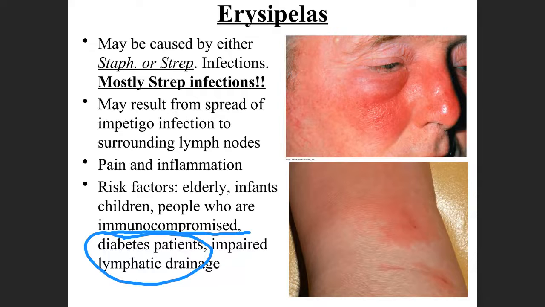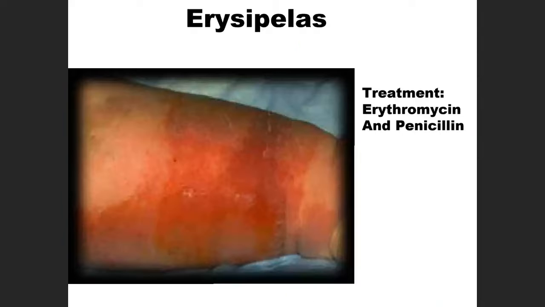And so if this bacteria is causing a lymphatic system infection, there's poor drainage there. And erysipelas can occur in the face or on the arm or the leg. It can spread to a lot of different places, but it's a very, very painful infection. Here's a person that has erysipelas in the leg.